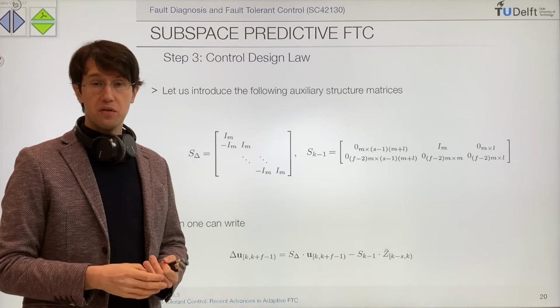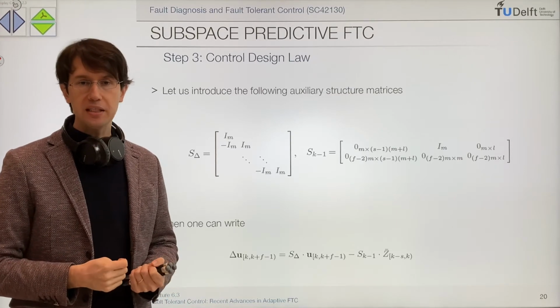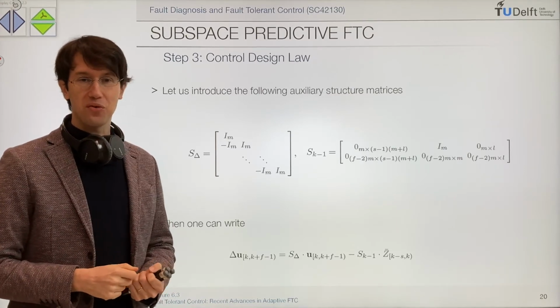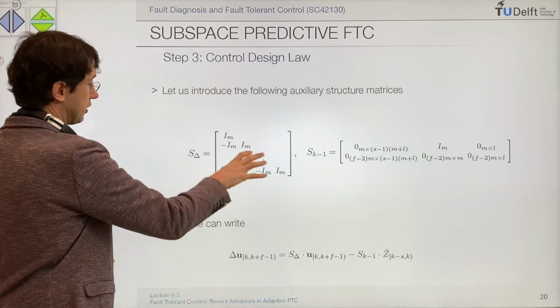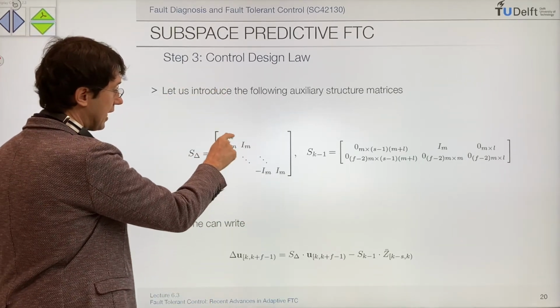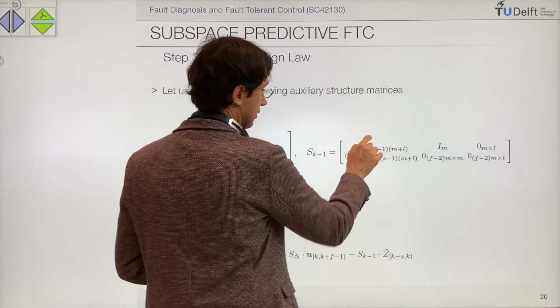So in order to solve the problem, we need to introduce a couple of auxiliary matrices just for convenience of writing things down. So we introduce these two structural matrices where this I_m here is an identity, and this 0 here are null blocks.